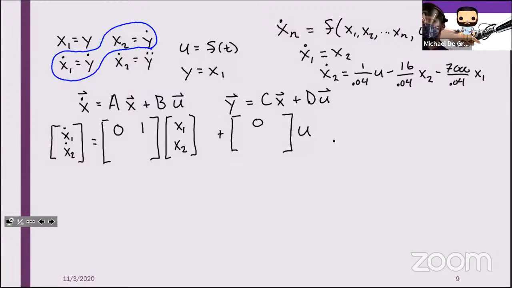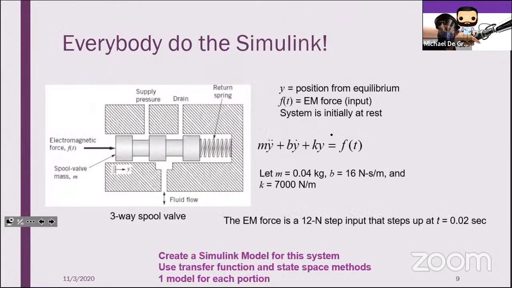Where did that come from? That came from me rearranging this equation.